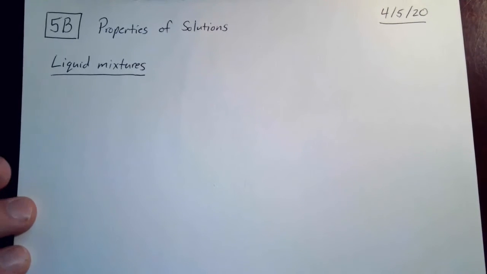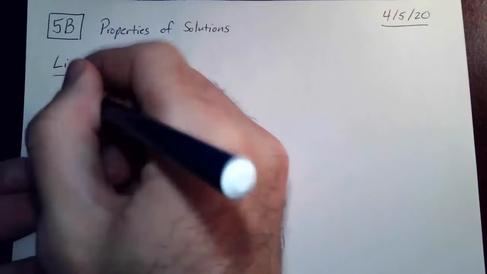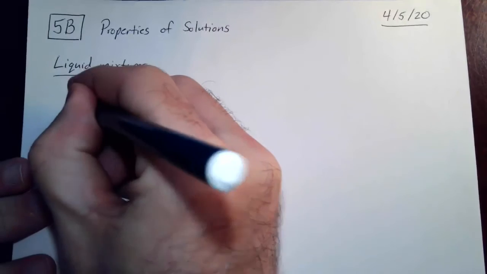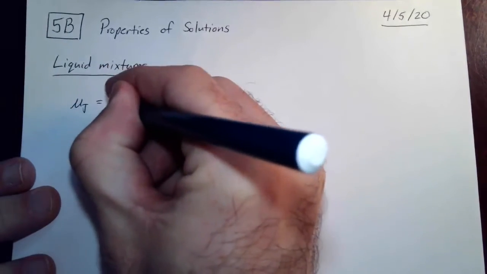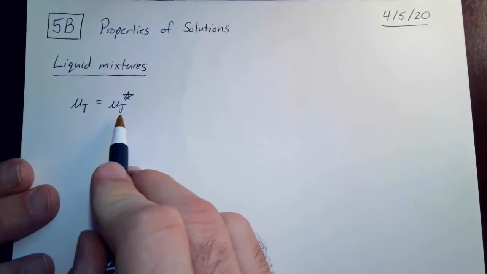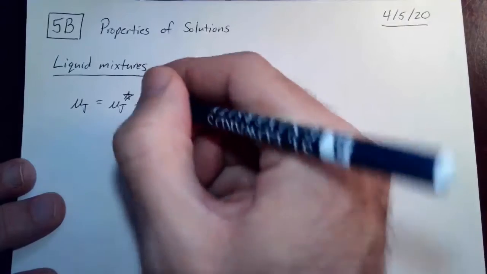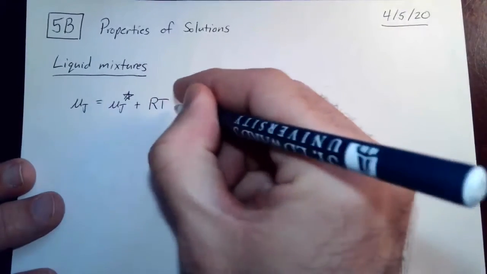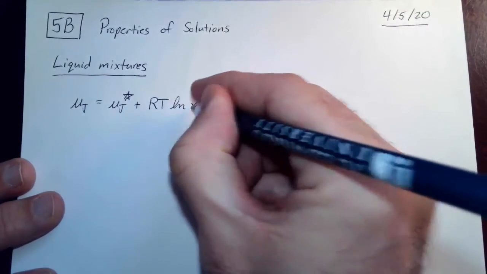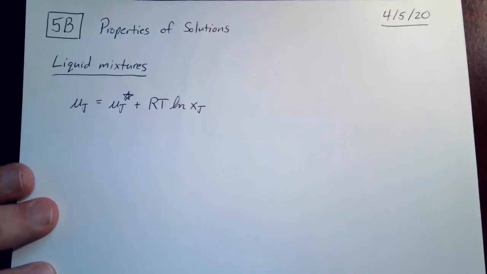All right, so we already talked about the chemical potential in an ideal solution in section 5a, and I'm going to rewrite this formula here. It depends on the chemical potential of species J when it's in a pure solution by itself, plus this term that depends on the mole fraction of J in the solution.